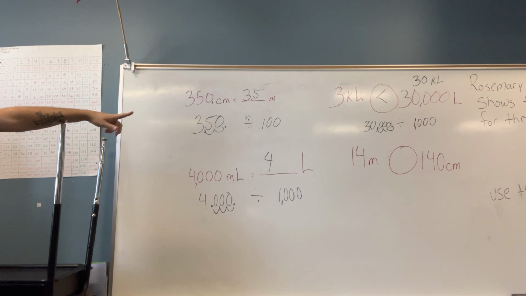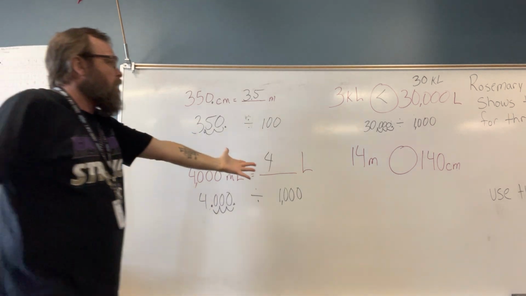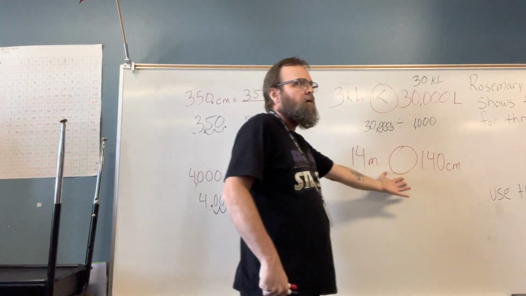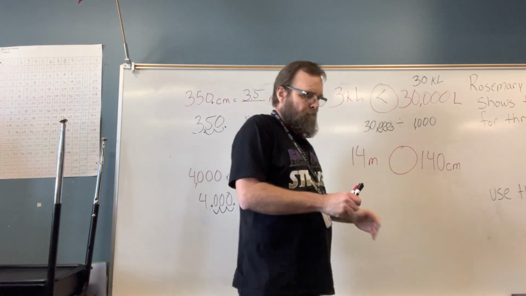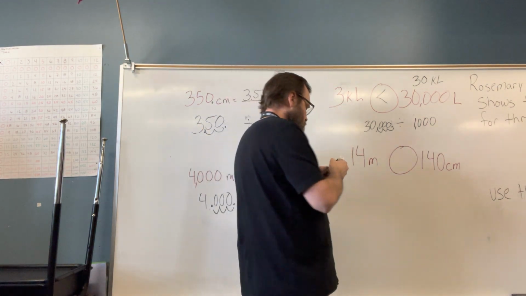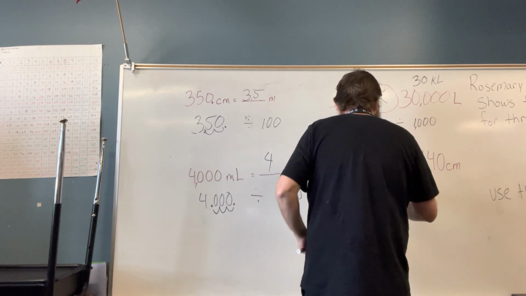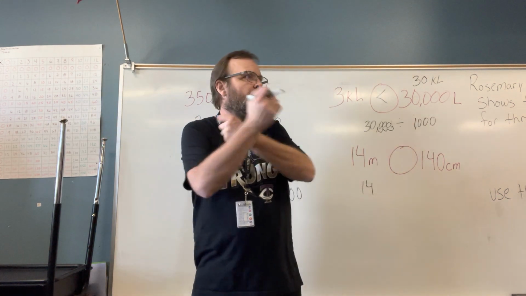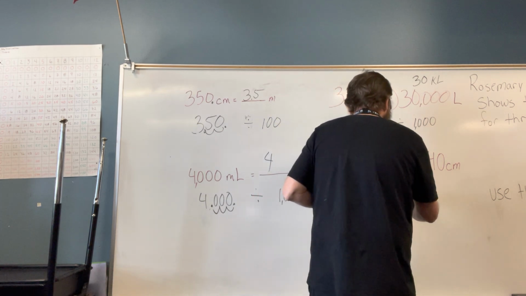We can either change meters to centimeters or centimeters to meters, because we can't compare them if they're not the same unit. Seth, which one do you want to do? Meters to centimeters. So we have 14 meters, and since we're going bigger to smaller, we're going to multiply.